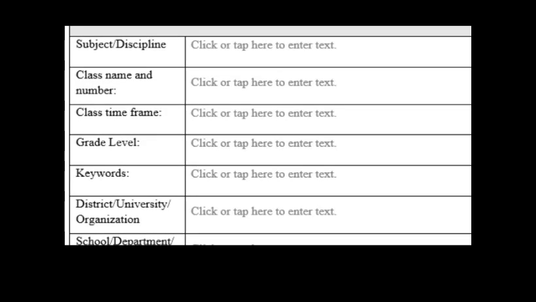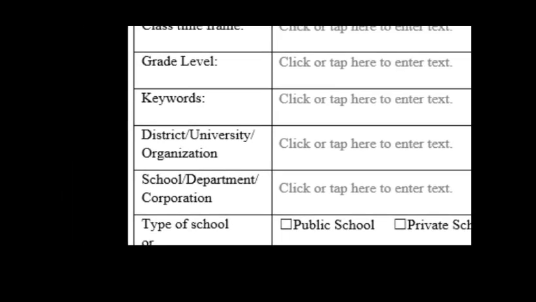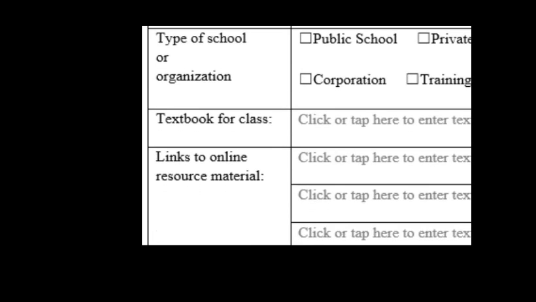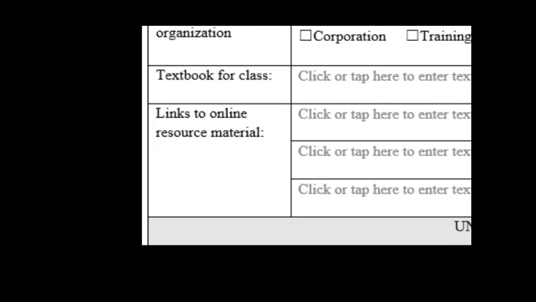In this area, you will list specific details about your course, such as the subject or discipline, class name and number, class time frame, the grade level to which you will be teaching, keywords, the district, university, or organization, and the school, department, or corporation, as well as the type or types of schools and organizations. You can list the textbook you will be utilizing for the class and links to any online resource material you will be utilizing.